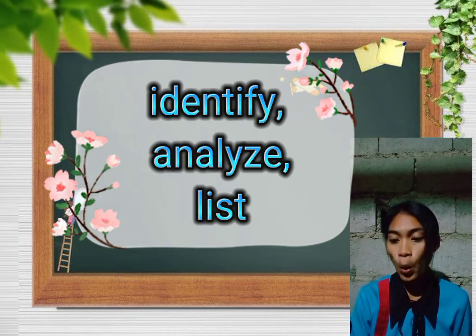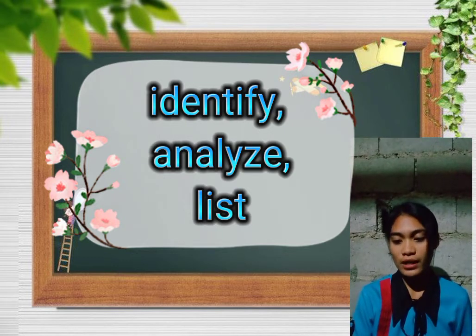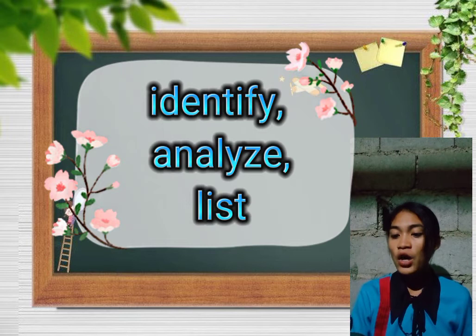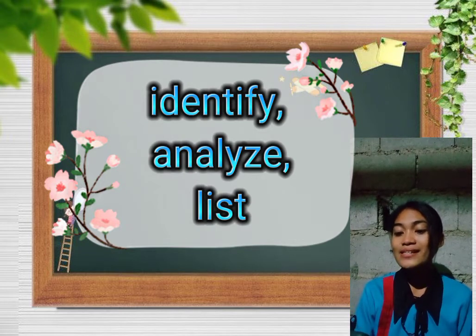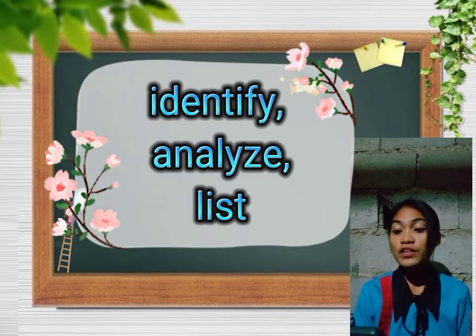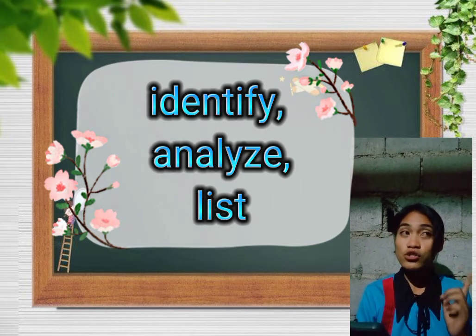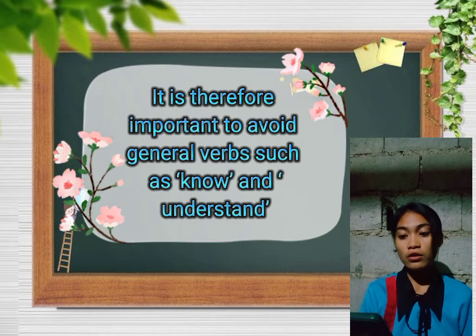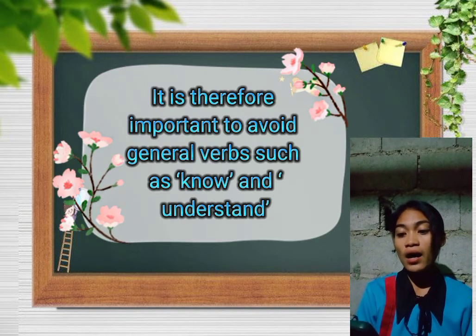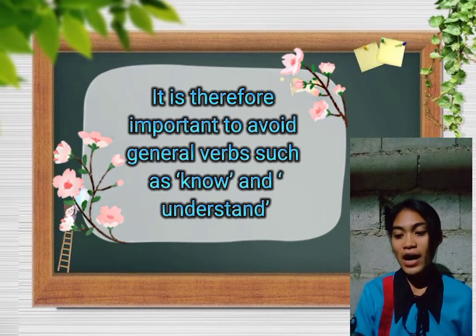These are an important part of any learning objectives because they identify what is achieved by the end of the training program. We should also be careful in using general verbs such as know and understand.